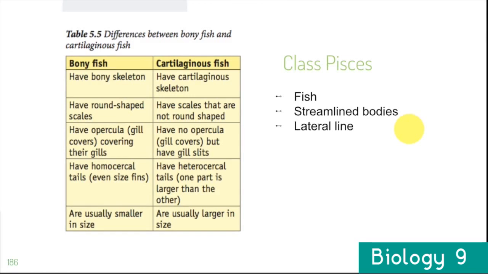And most fish have got a dark side on their back and also a light side on the bottom. They're ectothermic, so they rely on the heat from their environment to regulate their body temperature. And of course, fish are really important for people throughout the world, as we rely on them as a major food source.